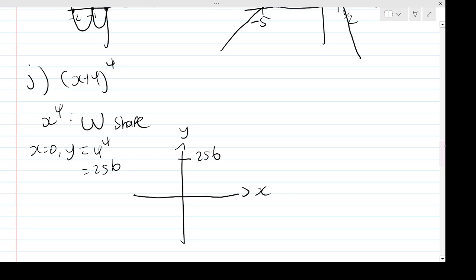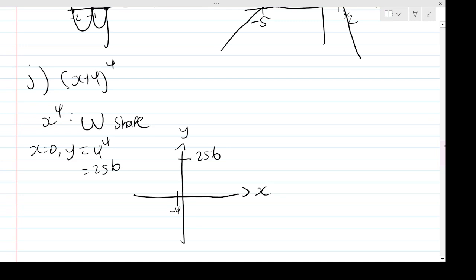We'll just leave it there, 256. But then what's the root of x? If you set the bracket equal to 0, x plus 4 means x will be minus 4. So if 256 is there, minus 4 probably is going to be there or something, to scale roughly. So we draw a root.